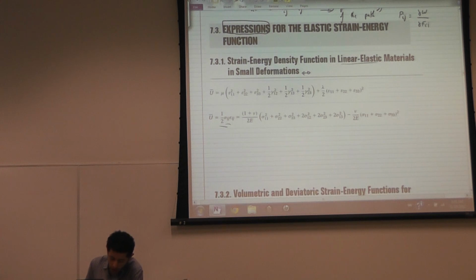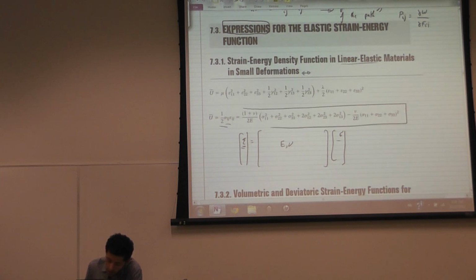I know that the strain vector is equal to a huge matrix full of E's and Poisson's ratios multiplied by the stresses. If I replace the strains with the stresses, I get this huge expression. If I replace the stresses with the strains, I get this huge expression.